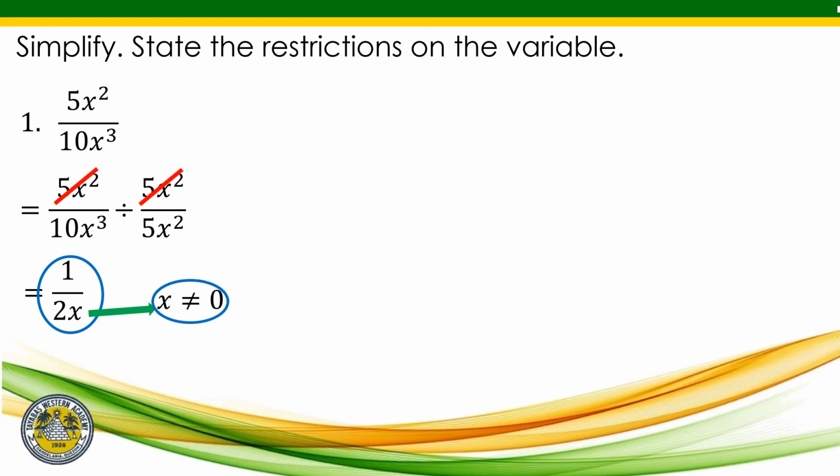So para ma-check natin, isa-substitute natin yung value ng x. So 1 over 2 times 0. So 1 over 0 yung ating rational expression. Then undefined kasi 0 yung denominator. So x should not be equal to 0. So lalagyan lang natin ng sign na ganito. Ito may equal sign, then slash.